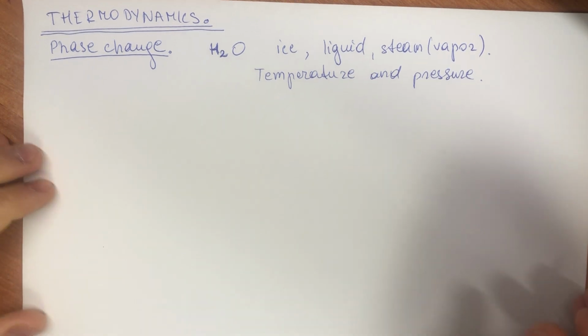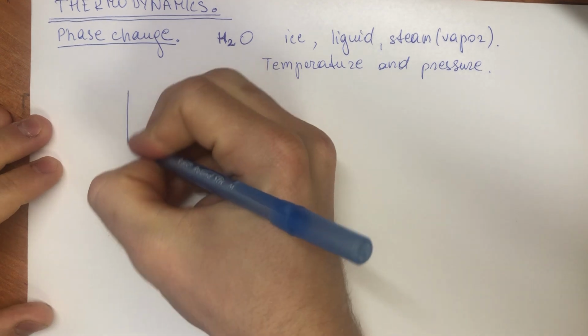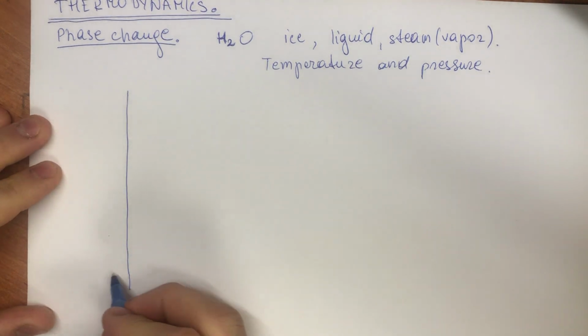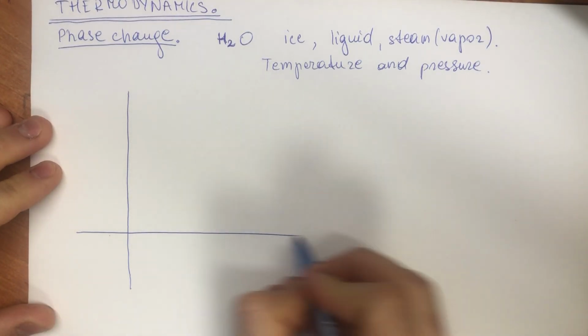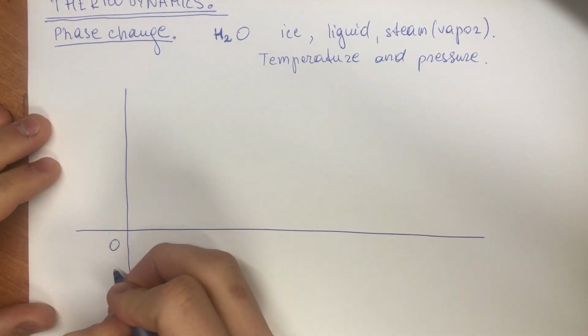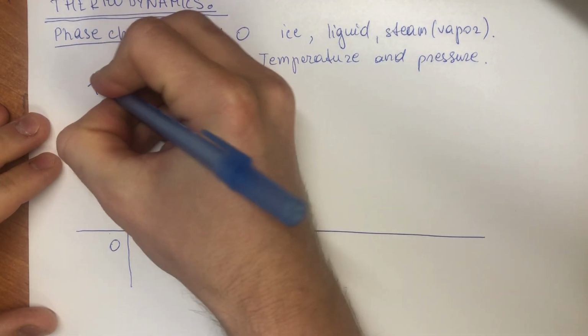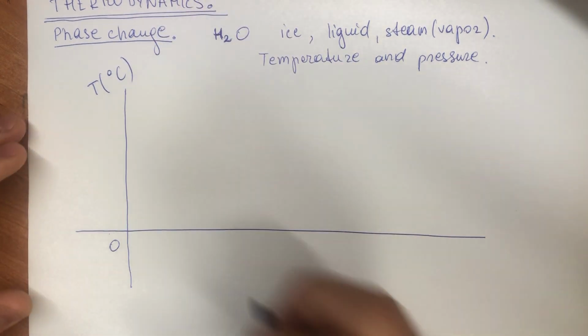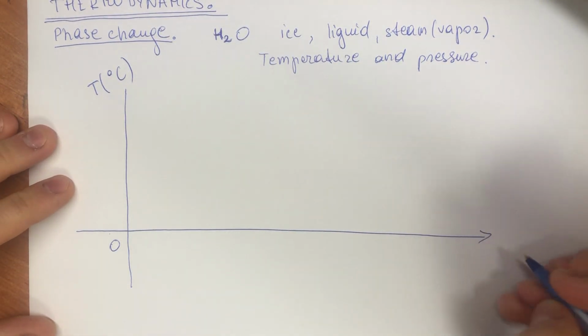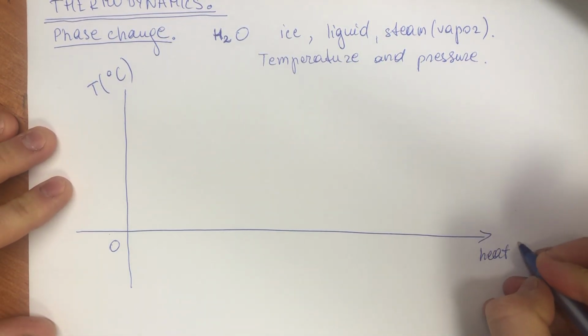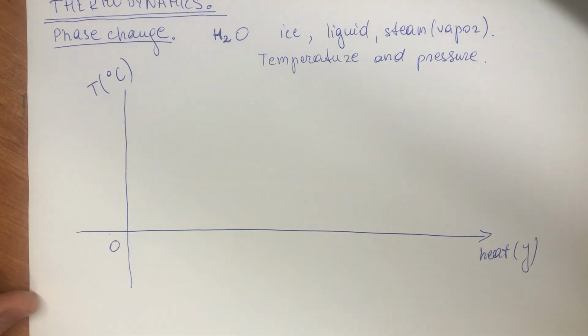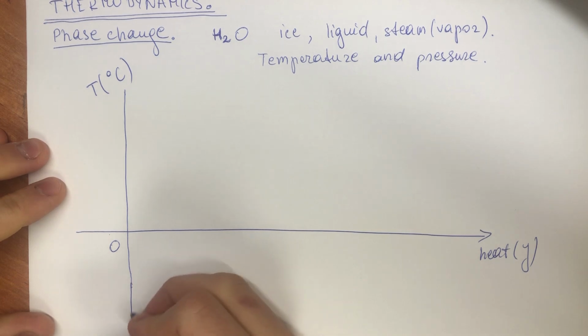So we can draw a diagram. Here we would have 0, and here would be temperature in Celsius. Here we would have heat in joules. Here we would have 0, here we would have 90.